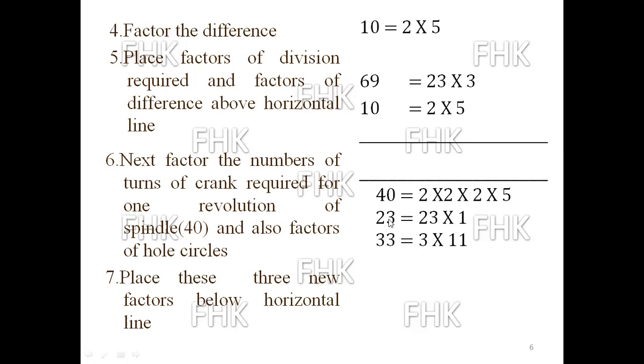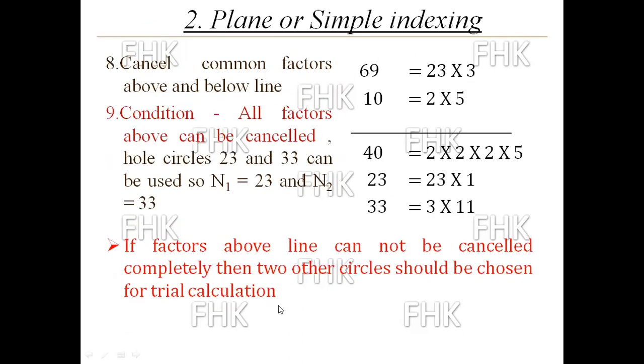If your combination is 23 and 21, then the factors of 21 will be 7 into 3, or 21 into 1. Again, you have to make the factors of 21 as 7 into 3 into 1. Okay, and place these three new factors below the horizontal line.